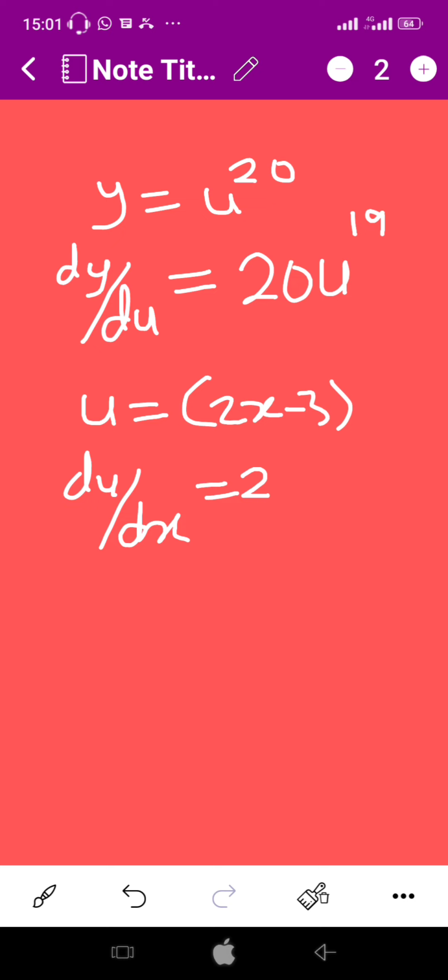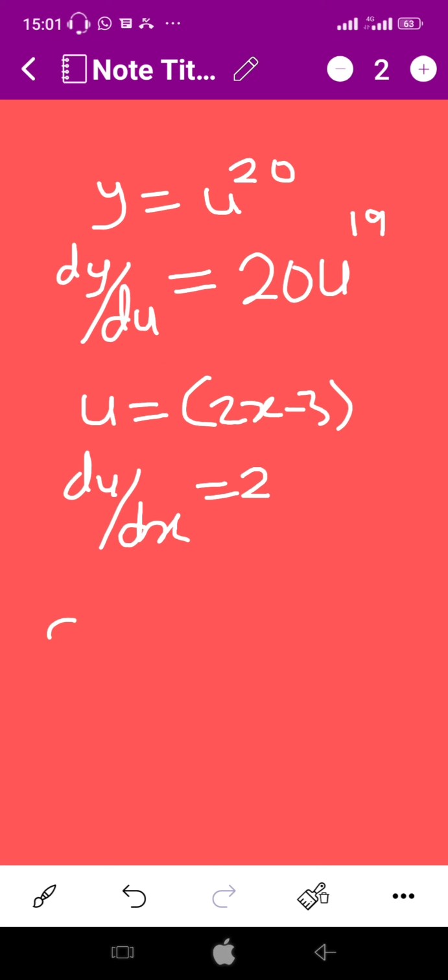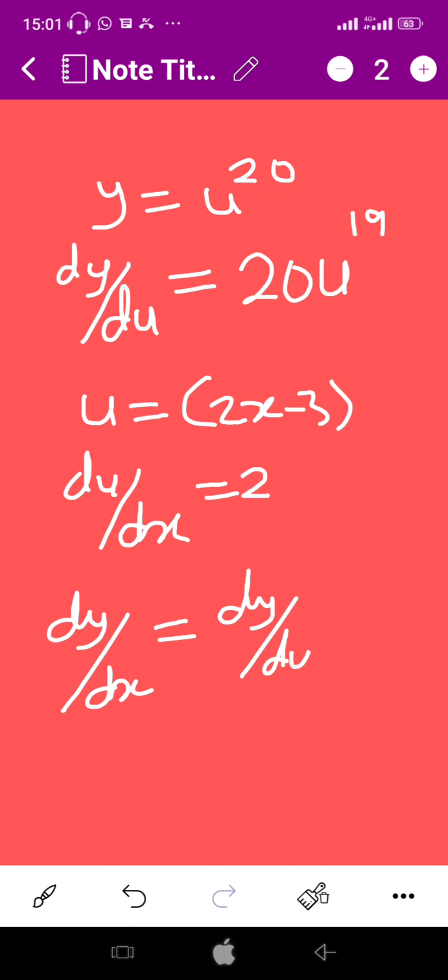Okay, so we are now going to the formula. We are now going to apply the formula, which says dy/dx equals dy/du dot du/dx.